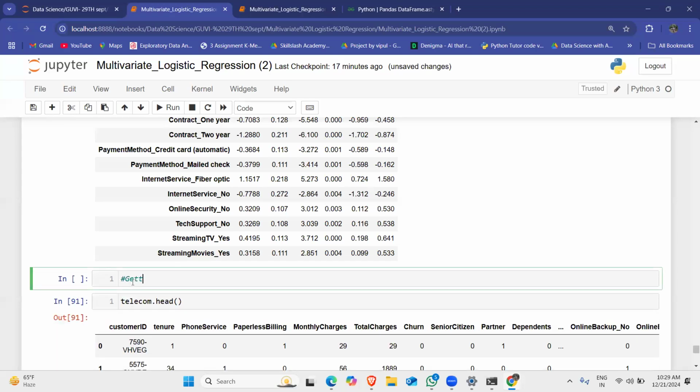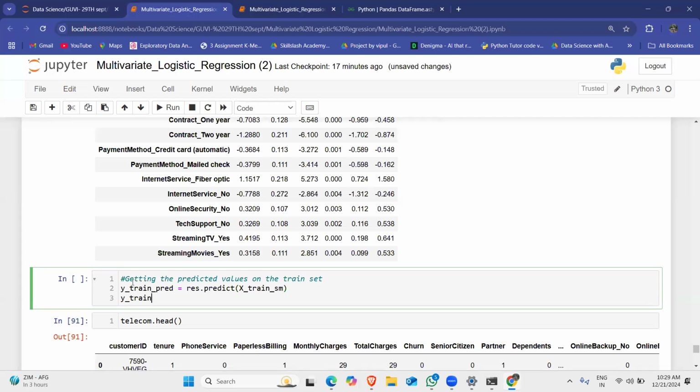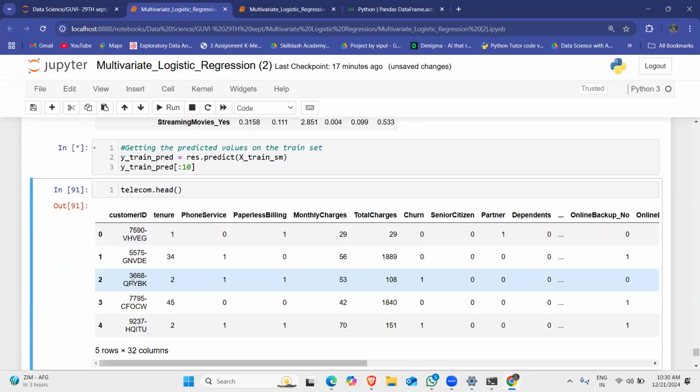So getting the predicted values on the train set, we'll write y_train_pred is equal to residual, that we have defined, dot predict x_train_sm, and y_train_pred of 0 to 10, right?